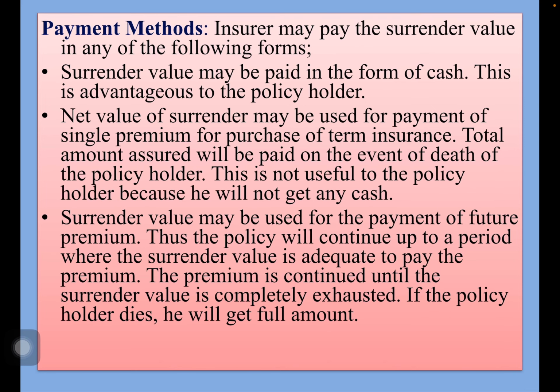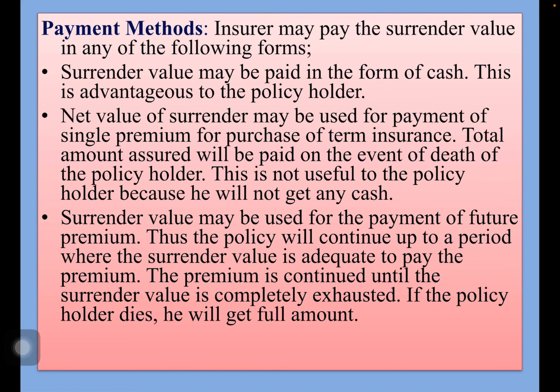Then payment methods. Insurer may pay surrender value in any of the following ways. Surrender value may be paid in the form of cash. This is advantageous to policy holder. Net value of surrender may be used for payment of single premium for purchase of term insurance, and total amount assured will be paid on the event of death of the policy holder. This is not useful to the policy holder.